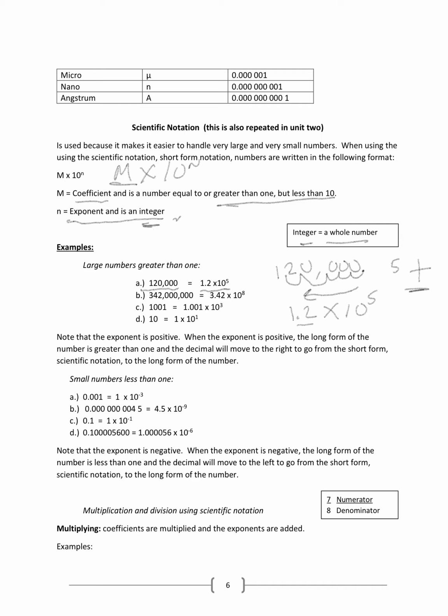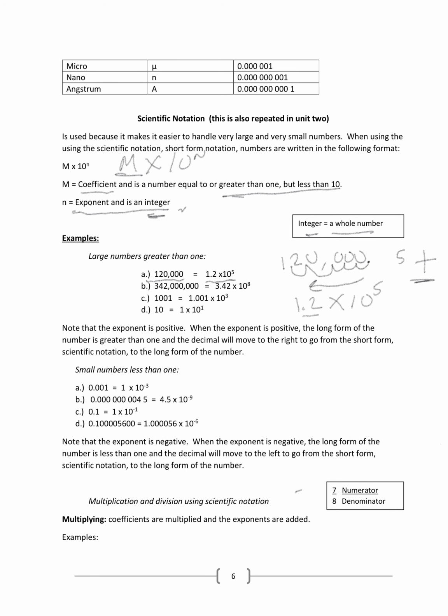Okay. How about if I have a number which is less than 1? Over here I have 0.001, one thousandth. I can write that as 1 times 10 to the negative 3. So let's start with that. I want to write that as 1 times 10 to the negative 3.